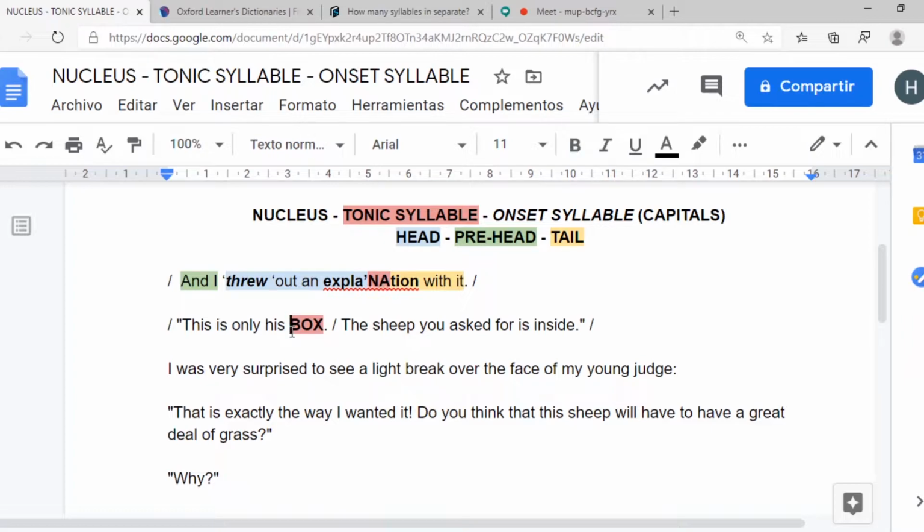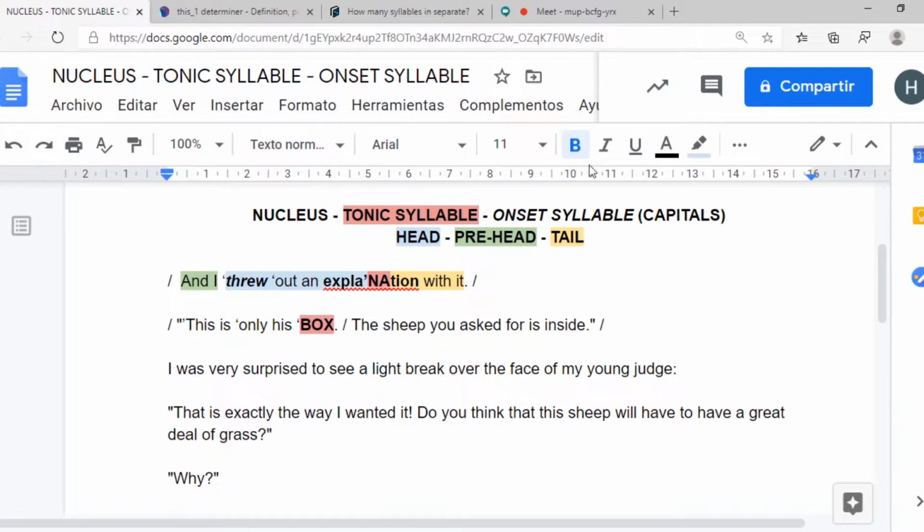What do you think? We can say that this word is the first stressed one. Then you have another one, only. Okay, so if this is my first stressed syllable, I can mark just a head up to there.